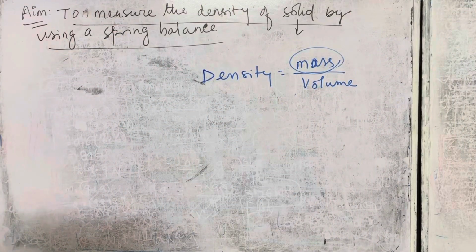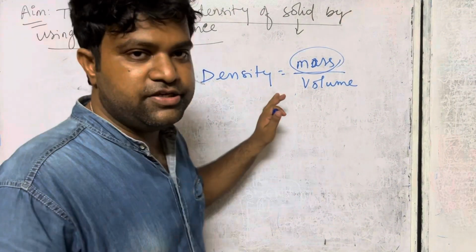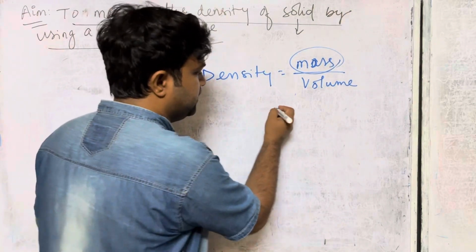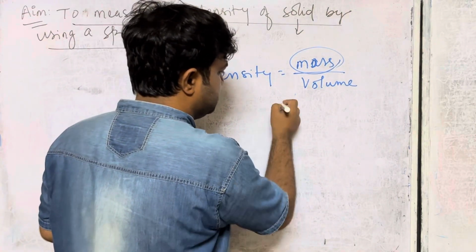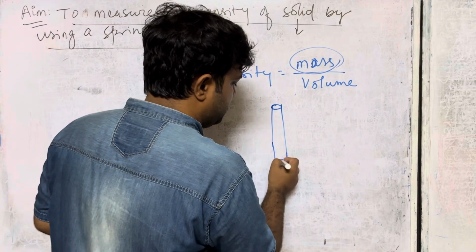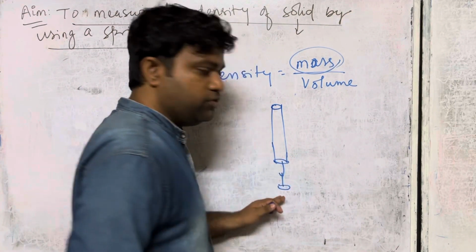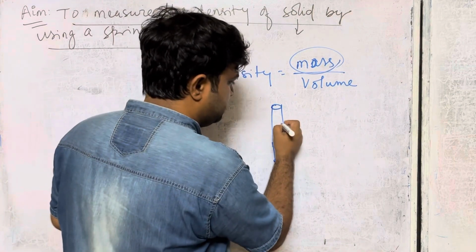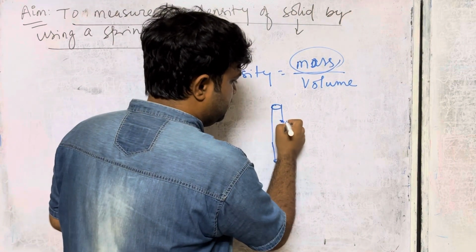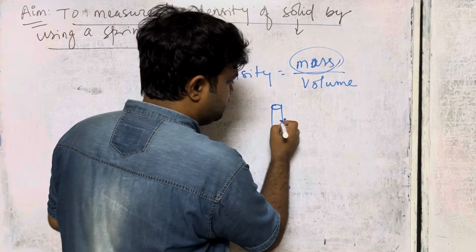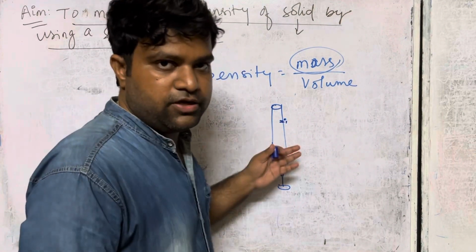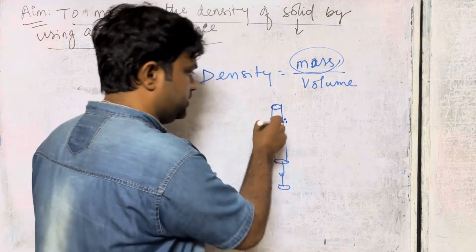So you note down the reading like this. Here we got the initial reading of our spring balance. The spring balance starts from 1, not 0, so it has an error, right?